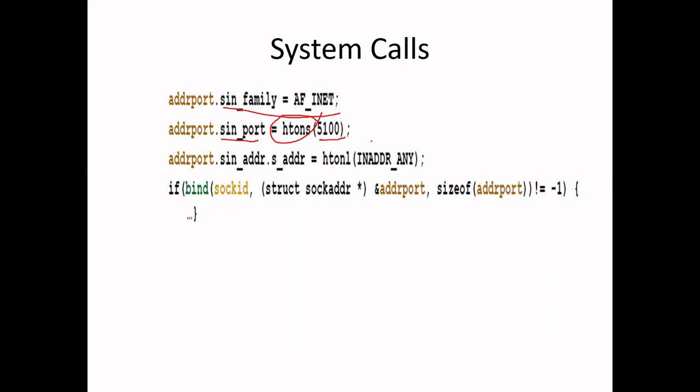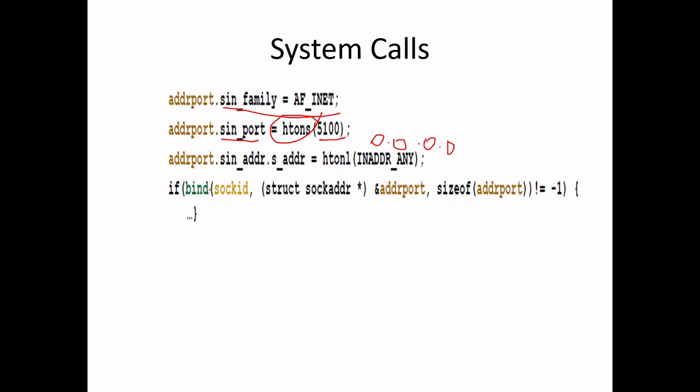It gives the value 0.0.0.0. If you have both client and server residing on the same machine, it is not necessary to specify an exact IP address here. You can work with this itself. But if you want to put a valid IP address, you can give it here as a value, and then you do htonl and assign it.